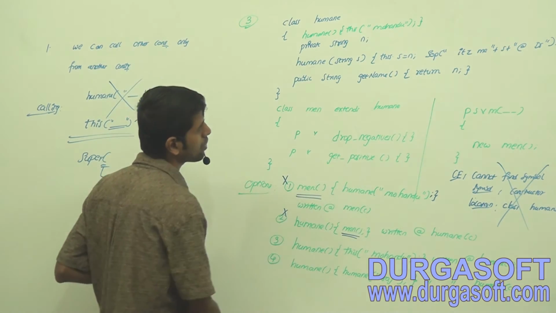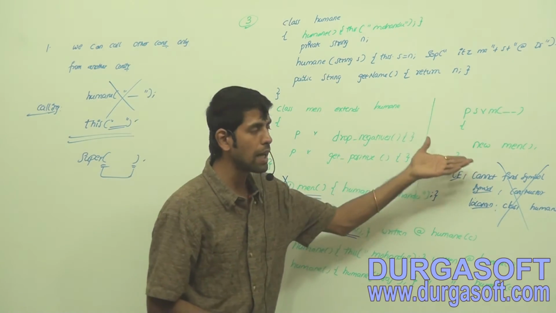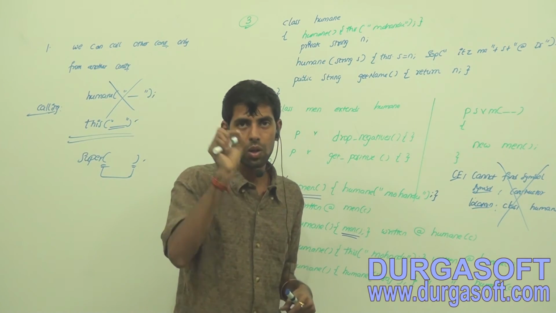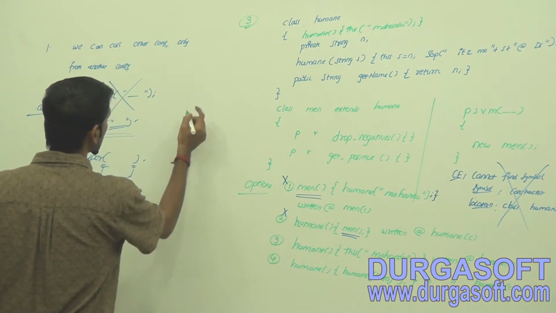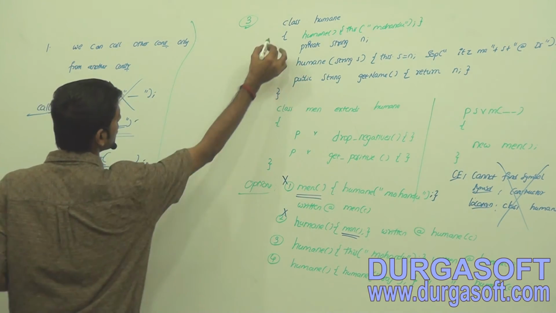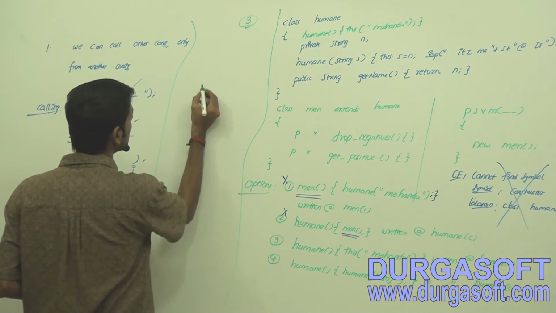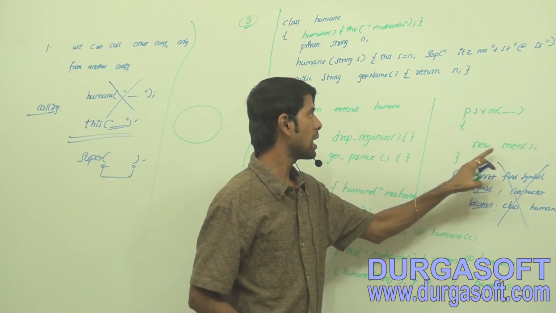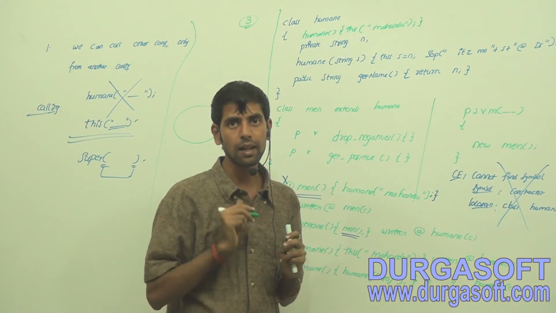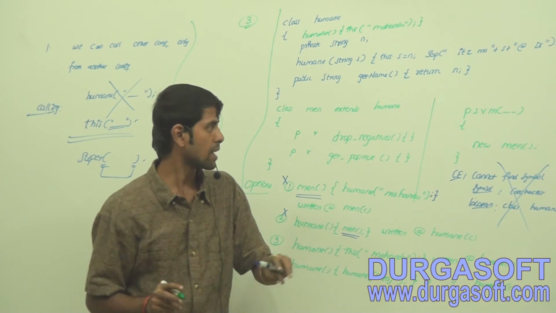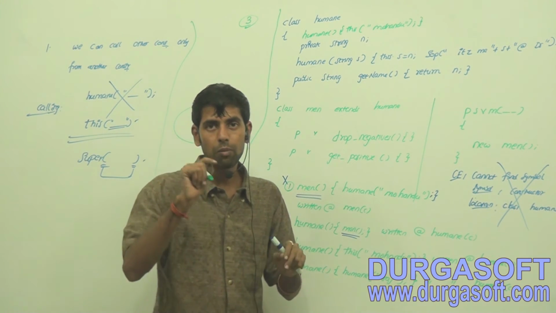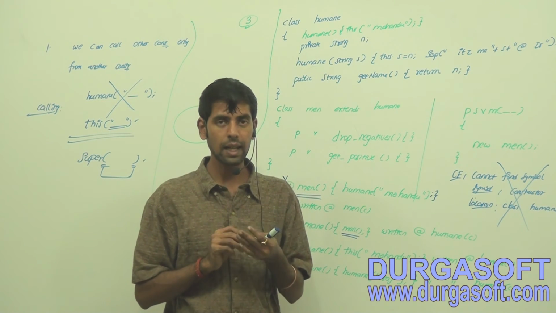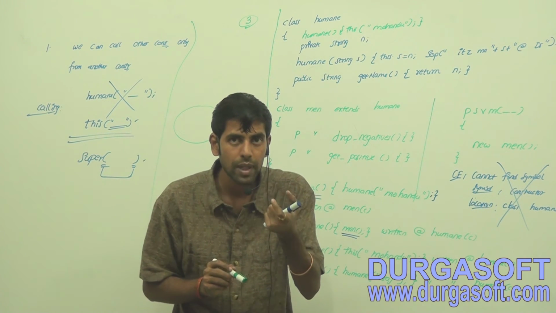Now observe here. If I compile and run this one, what is this? New means memory allocation. Now what is this? Main constructor. If I don't write any constructor within a class, there will be a default constructor, and that default constructor will have the first statement as what?